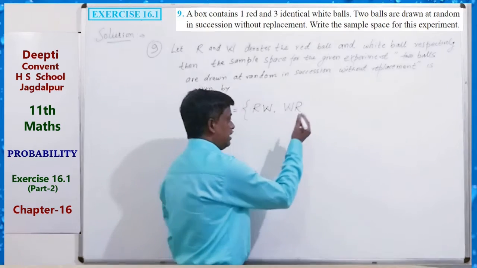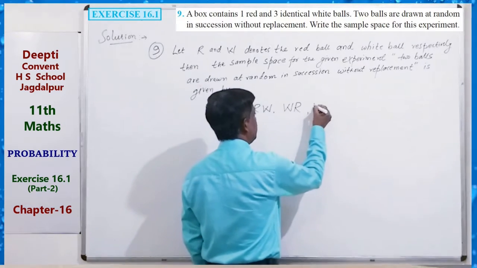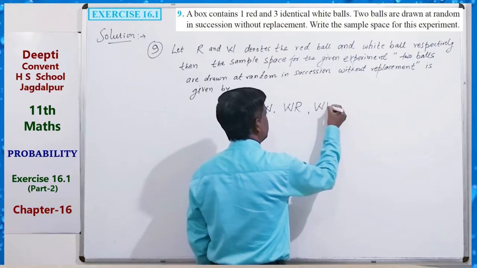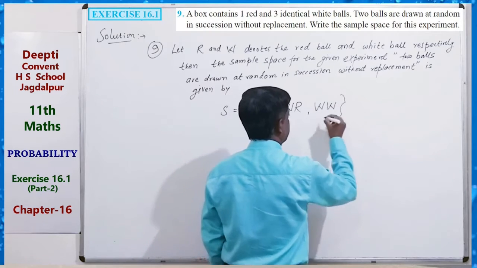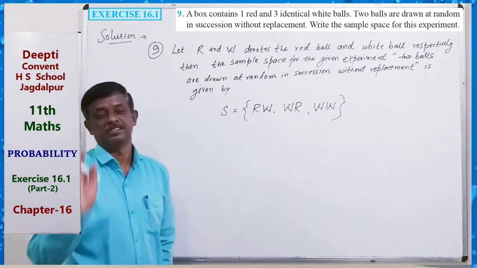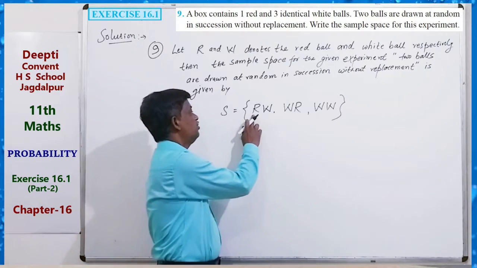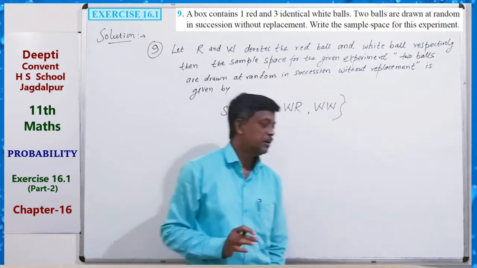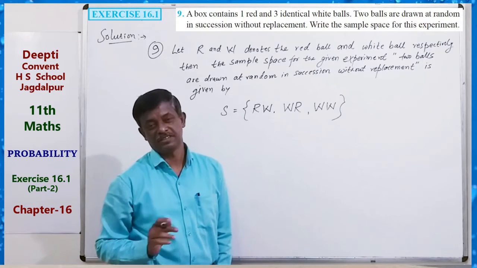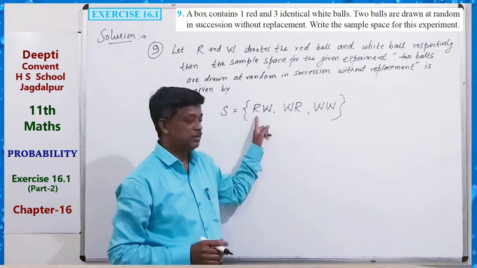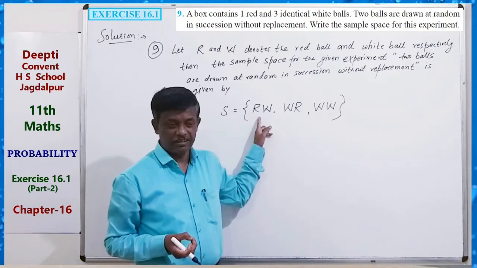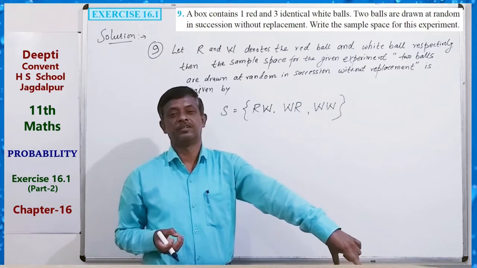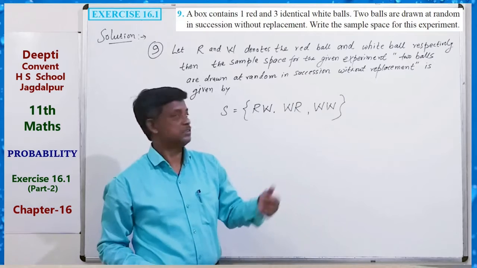So RW, WR, and also we may get WW. So 3 elements are there: RW, WR, WW. This is the sample space. In the first selection, if we get red, then the remaining 3 are white, so the next is white.